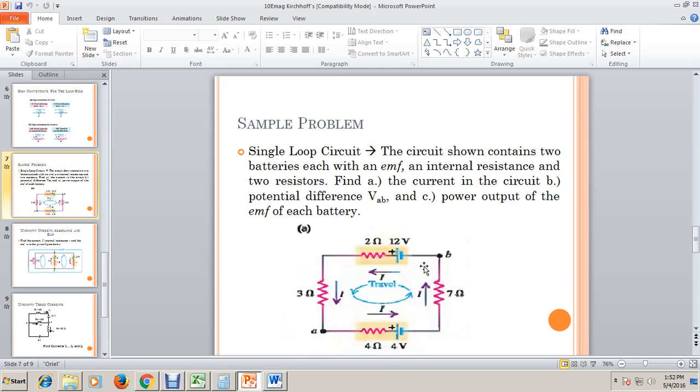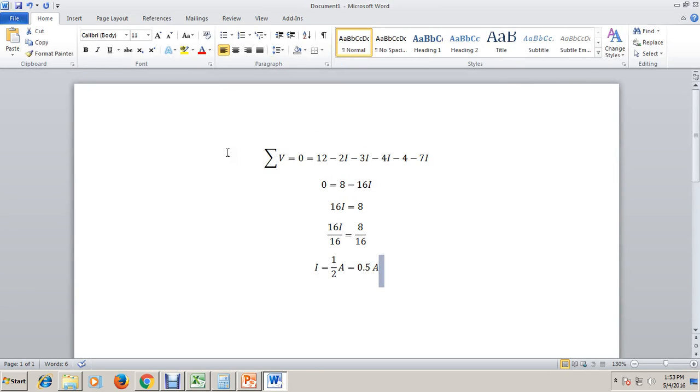This means that the values of the voltages on the upper branch should be equal to the voltage of all the circuit elements in the lower branch, and that should also be equal to the voltage across points A and B, or V sub AB.